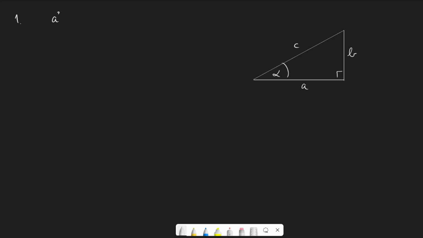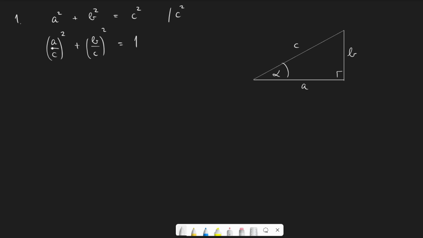So a squared plus b squared equals c squared, and what we will do is just divide by c squared, because we will see that sine and cosine will appear here. So a squared over c squared, we can write as (a over c) squared, plus similarly this we can write as (b over c) squared, and c squared over c squared is 1.